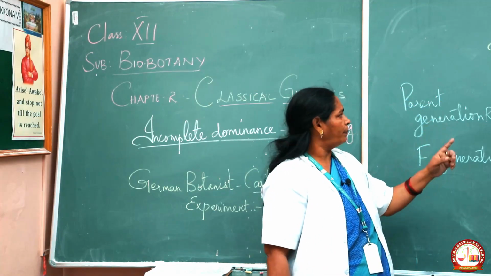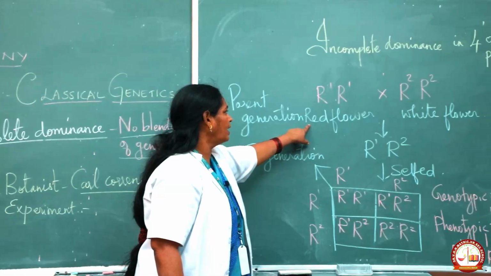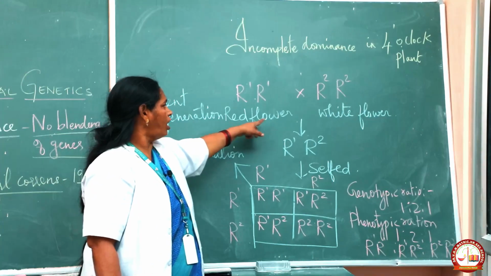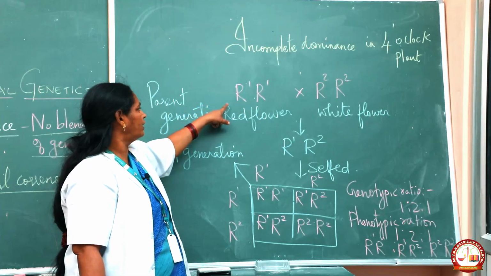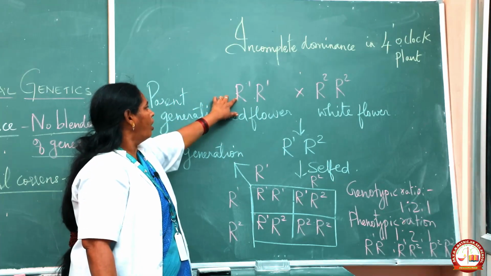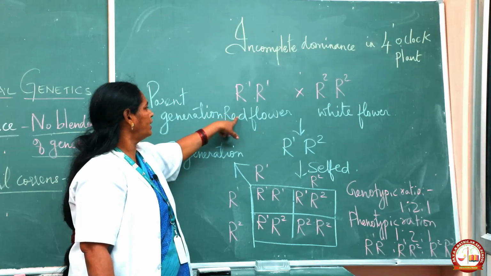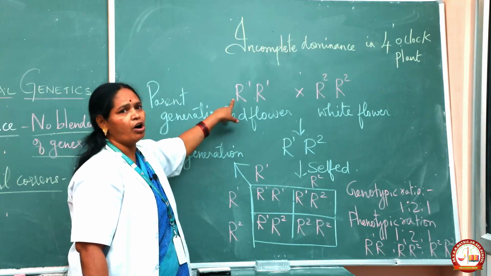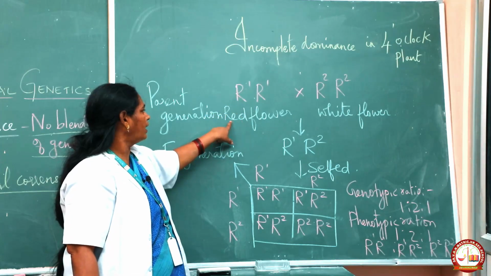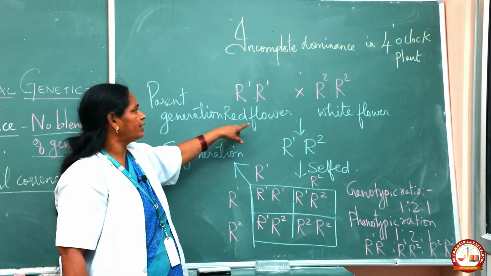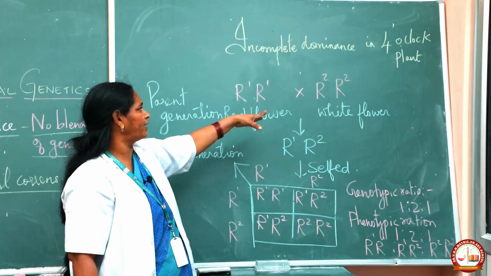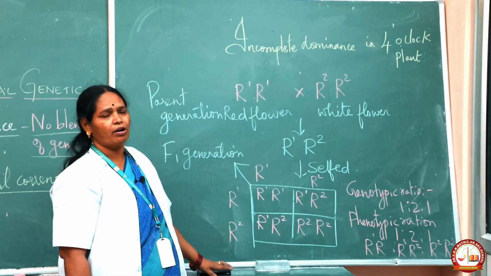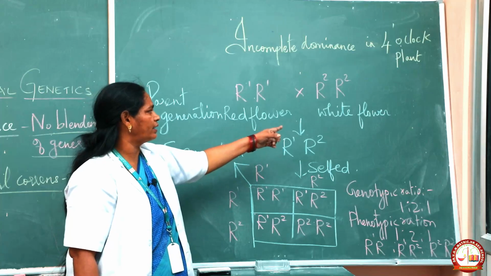Children, one parent bearing red flowers is crossed with a parent bearing white flowers. What is the red flower? The homozygous parent R1R1 yields the red color, whereas the other homozygous parent, R2R2, yields the white flower.